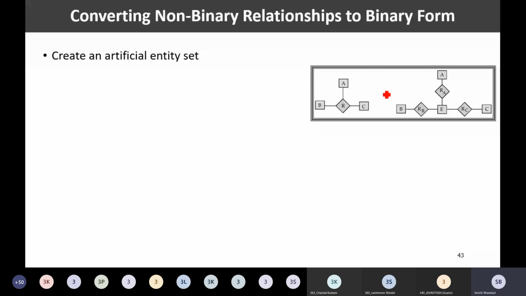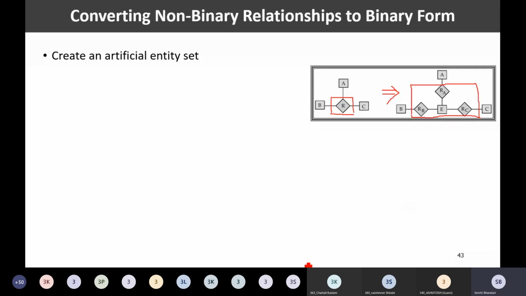So this ternary relationship R can be converted into this design. Just look at this design. Here I have introduced one new entity set E along with three binary relationships, right?